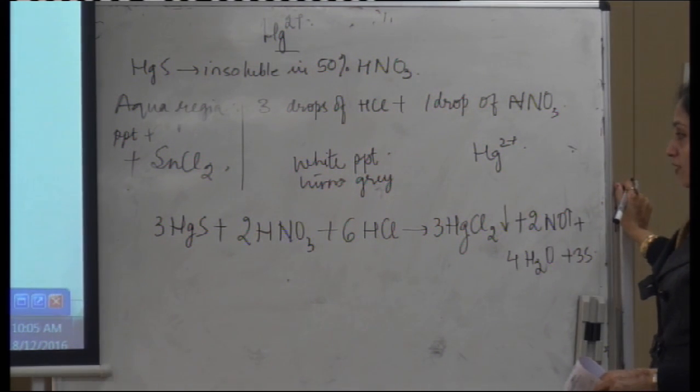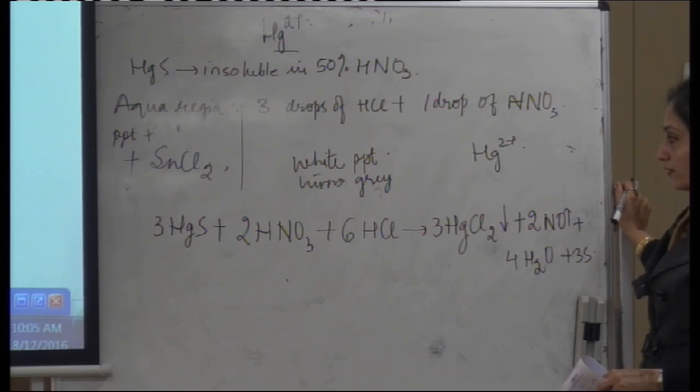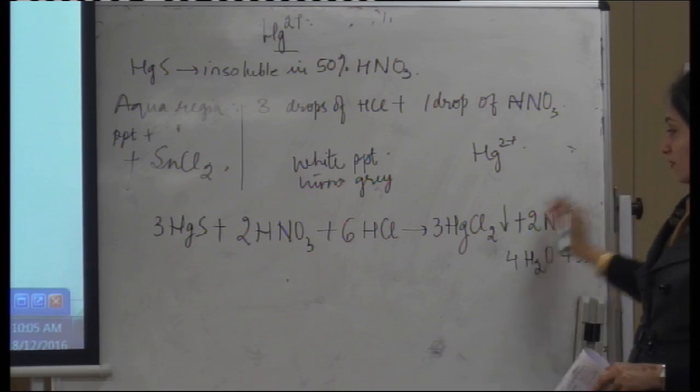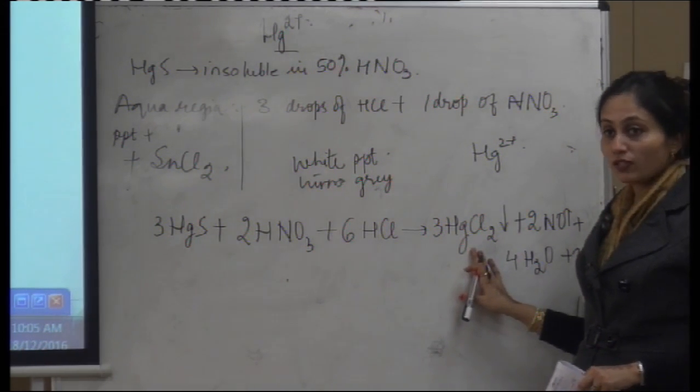So in this case the sulfide gets dissolved in your aqua regia, but the moment you add SnCl2 तो आपने किस चीज़ की concentration बढ़ा दी? Cl माइनस की. तो Cl माइनस की वजह से अब क्या इसके अंदर precipitate होगा?